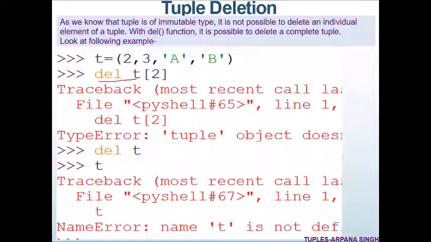If you write del t2, it means you want to delete one element from the tuple. Deletion of one element means you want to change the tuple, and tuple is immutable, so it will result in an error. But if you write del t, it means you want to delete the whole tuple, and that is possible.